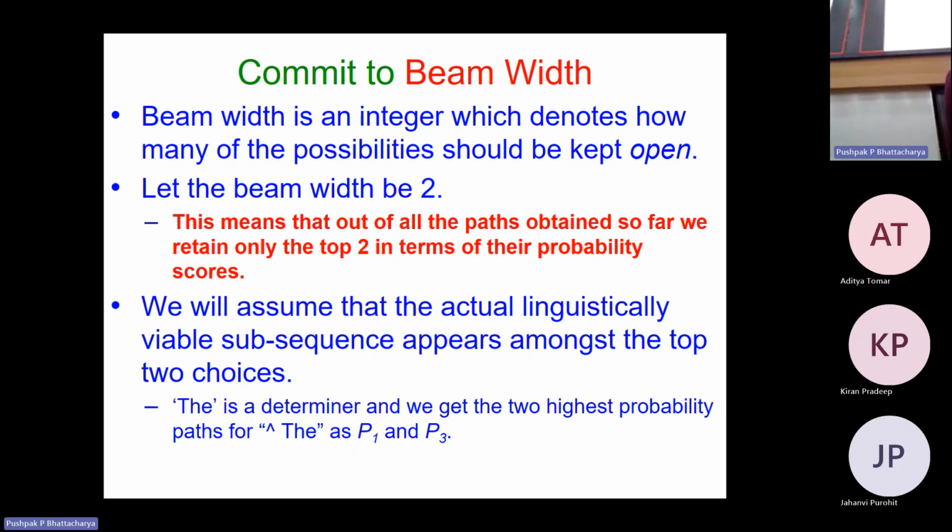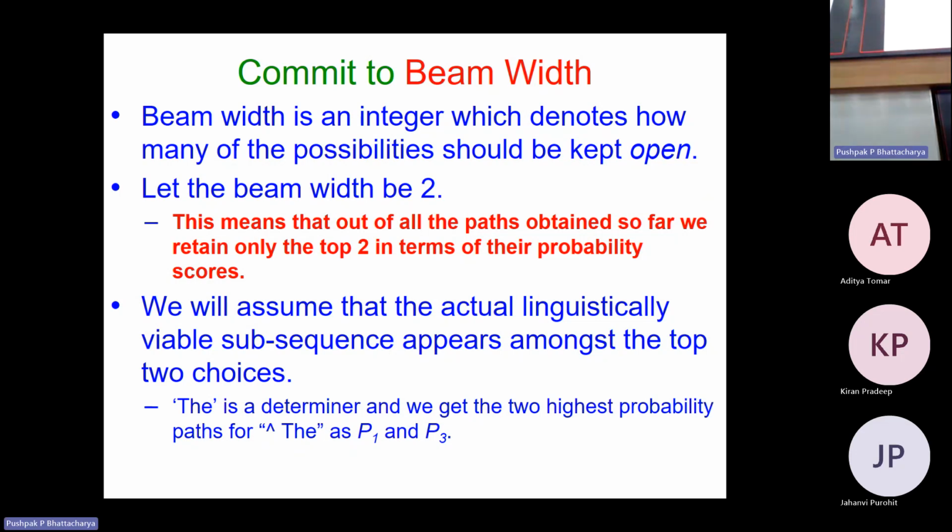But actually, a lot of linguistic insight and computational insight goes into deciding the beam width. This means that out of all the paths obtained so far, we retain only the top 2 in terms of their probability scores. Notice the difference with Viterbi. In Viterbi, after you have made the Markov independence assumption, there is no approximation. You retain only the maximum probability partial path and drop all the other paths.